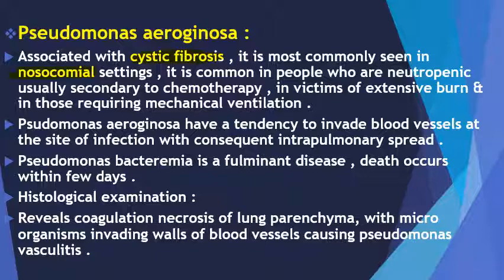It is more common in people who are neutropenic, or those patients who receive chemotherapy. Patients who receive chemotherapy have neutropenia, a decreased number of neutrophils in their blood, and are more prone to have Pseudomonas aeruginosa.